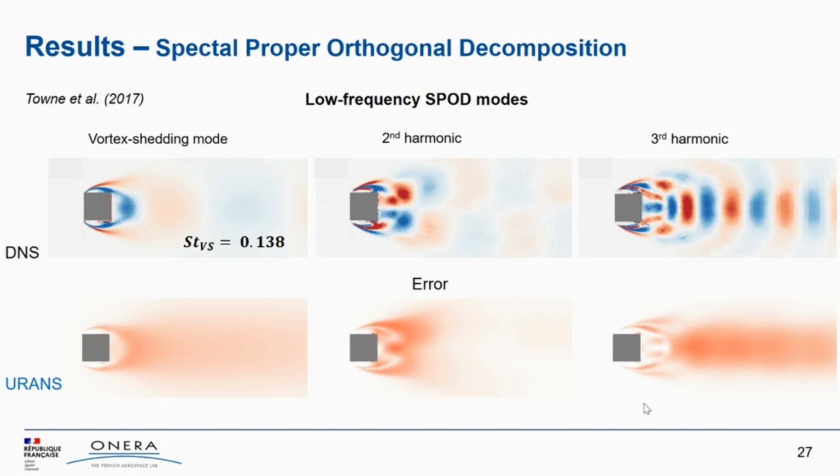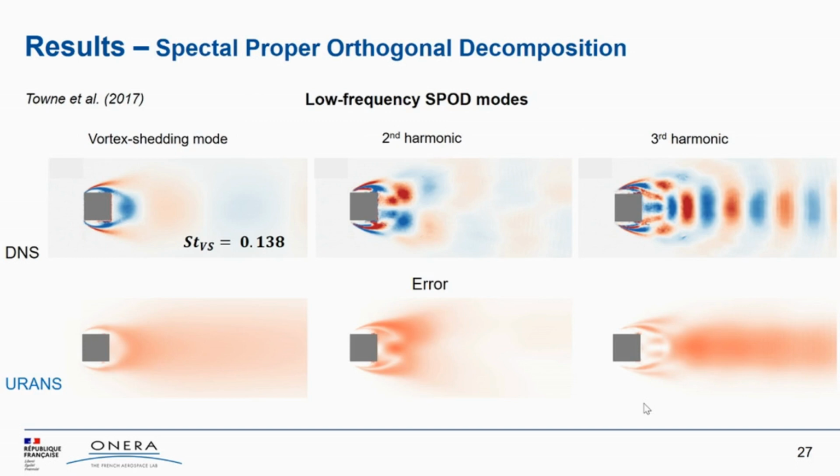So first, let's look at what happens on the low frequency SPOD mode, the one corresponding to the vortex shedding. Here we have shown for the DNS the three SPOD modes obtained for the vortex shedding at the Strouhal number of 0.138, the second harmonic in the middle, and the third harmonic on the right.